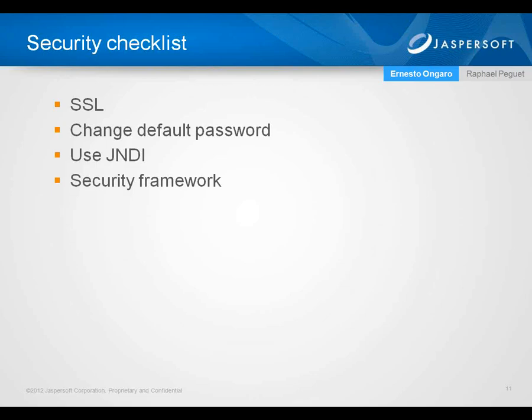If you're exporting your repository to a different server, then the JNDI will be a specific file for it that can be different in the two servers, whereas if it's a JDBC, it will be exported with the repository and might not be the same connection in a different server.